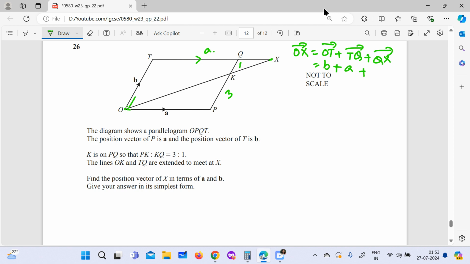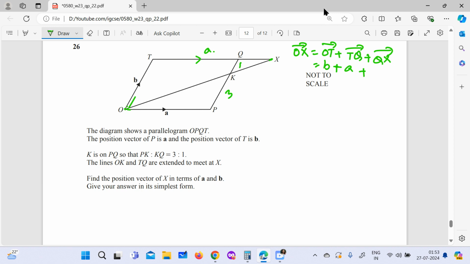Q to X. How can we do this? QX we can go like this directly.